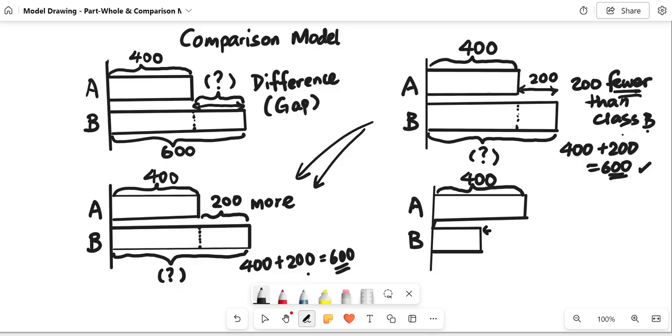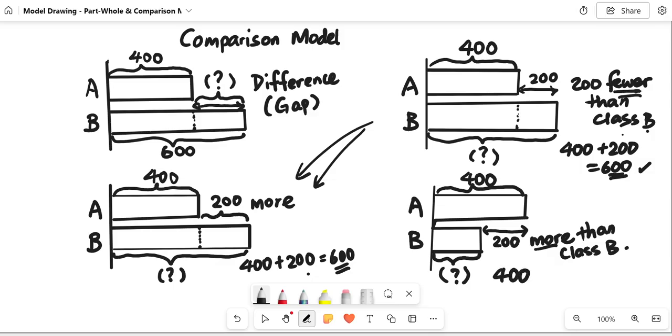And again, the difference or the gap is 200. Find the number of bookmarks class B collected. Again, let me put in the question mark. And so now, even though it's the word more, you notice that class B has got fewer. So we have to do a 400 minus 200 equals to 200. So this is another scenario for comparison model.